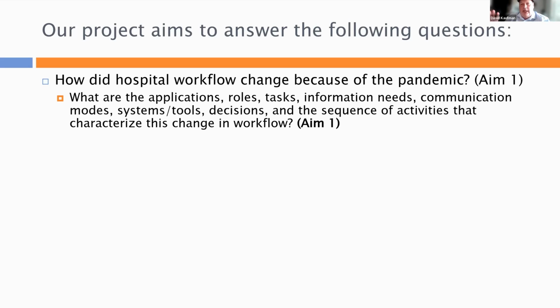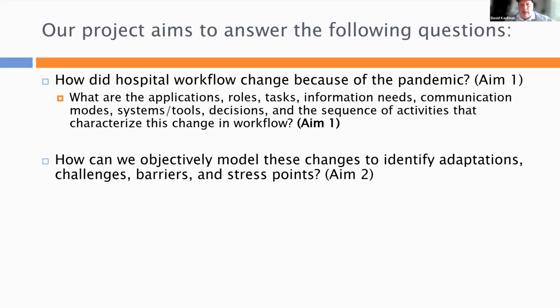We're looking at applications, roles, tasks, communication, tools, decisions, sequence of activity, all facets of organization, clinical flow. And this has preoccupied the first year of the study. We're now in year 2.